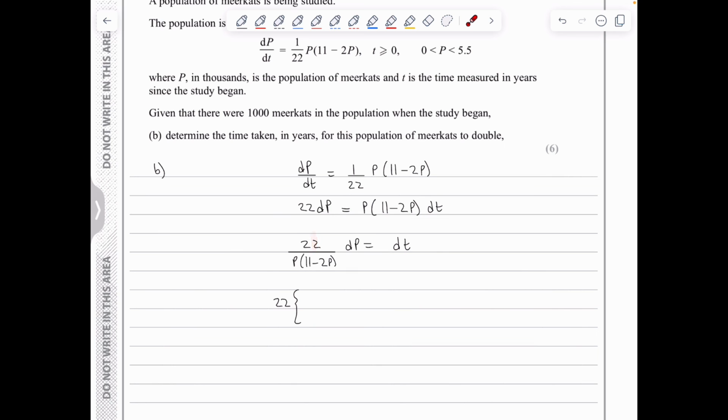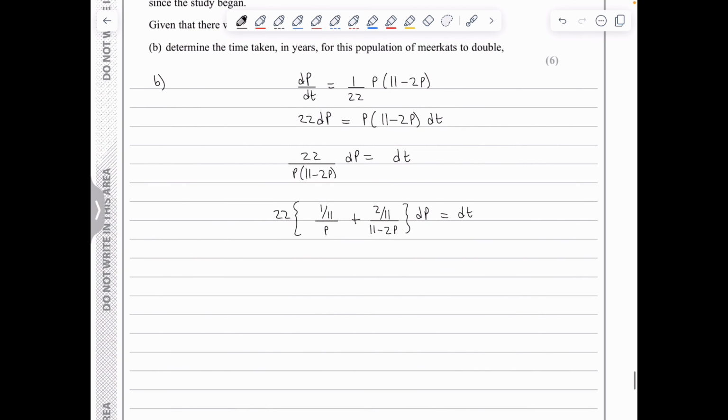So I can write this as (1/11)/p plus (2/11)/(11 − 2p) dp is equal to dt, which can be further simplified by multiplying by the 22 as 2/p plus 4/(11 − 2p) dp is equal to dt, and I will integrate both sides.